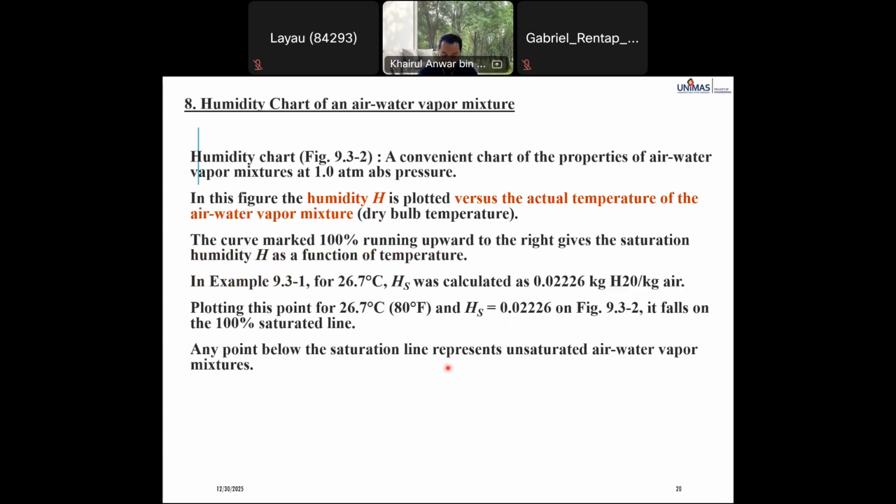Now the humidity chart. It's just an introduction because in humidity there are a lot of definitions. For the humidity chart, Figure 9.3-2, or in the book you can refer to 33.3-2, it's the same. A convenient chart.